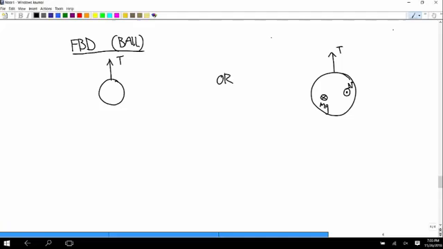And then the last step is Newton's second law. So Newton's second law says 0, T, that T is in the positive y direction, is equal to the mass of the ball times its acceleration.